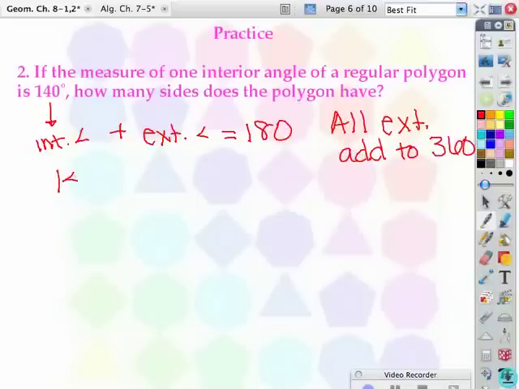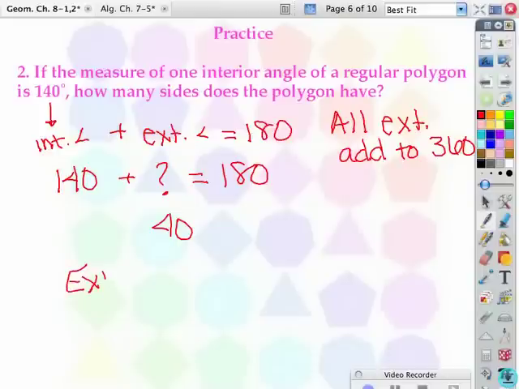So if the interior is 140, what would give you a total of 180? Well, that would be 40, right? So now we know that our exterior angle is 40 degrees. So if our exterior angle is 40 degrees, what we want to know is how many times does 40 go into 360?